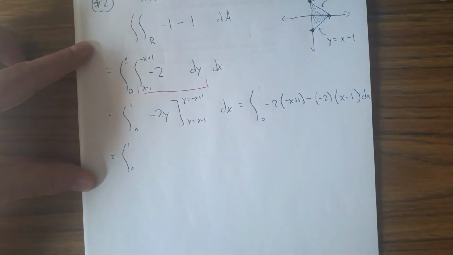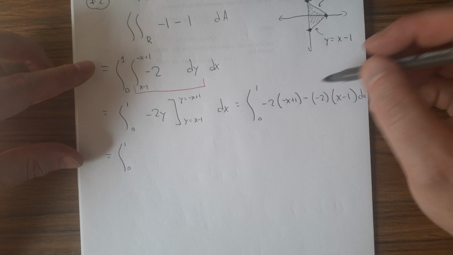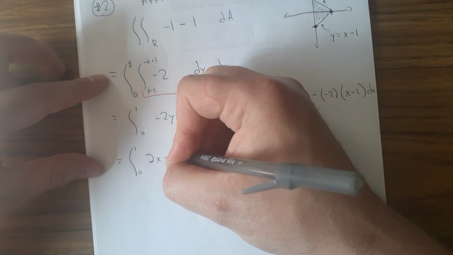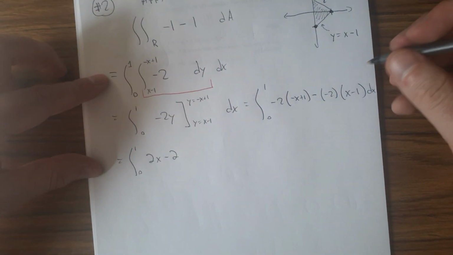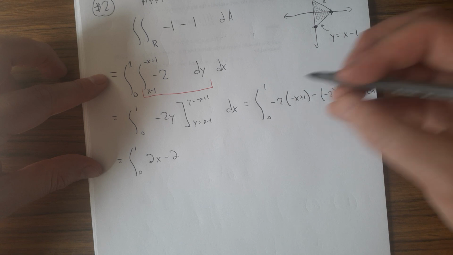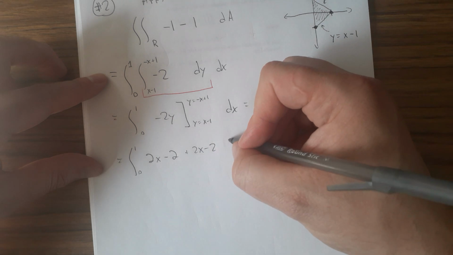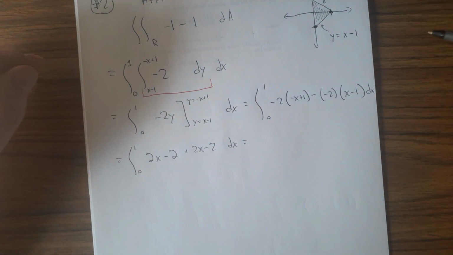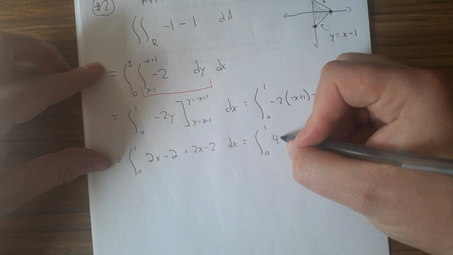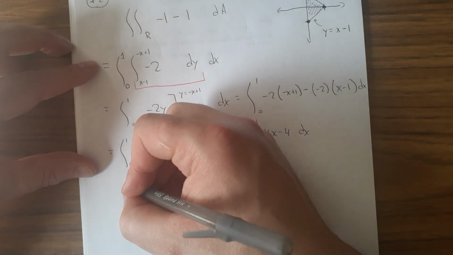Okay, so we get to, oh, there is just too much going on. I was thinking about doing that all in one step. So I'm just going to multiply this through, and then this turns into a plus, so plus 2x minus 2. I was hoping everything would cancel, but unfortunately it didn't. 4x minus 4. Okay, not that bad.